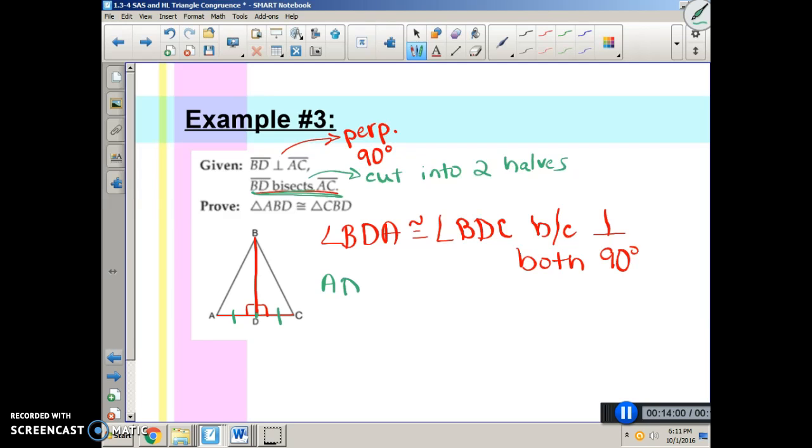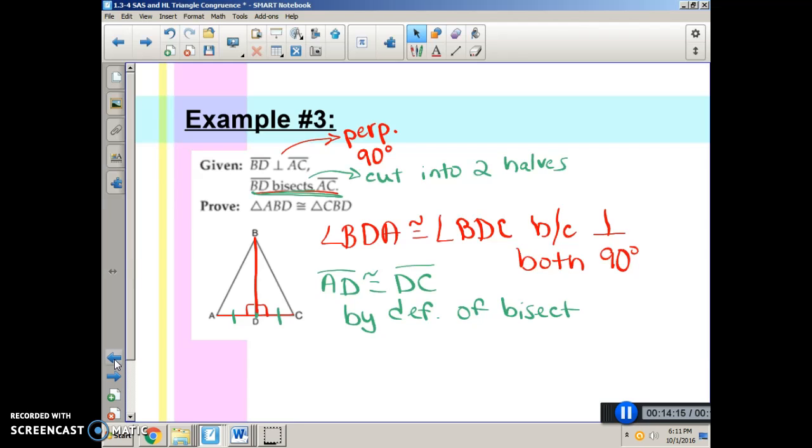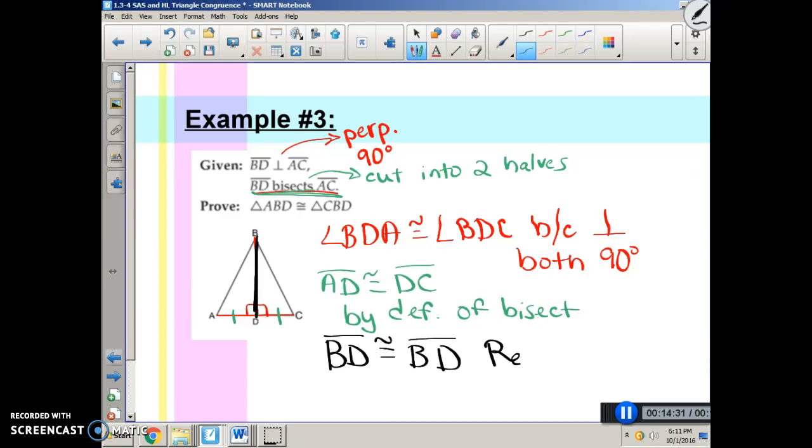Alright, well that means AD is congruent to DC, and that is by definition of bisect. Okay, well let's take a look here, use our brains. Can we do HL? Well, I have a leg of each of them. I don't have any way to figure out the hypotenuse. The only thing I can see is that I've got an overlap right here, which means BD is congruent to BD by the reflexive property.